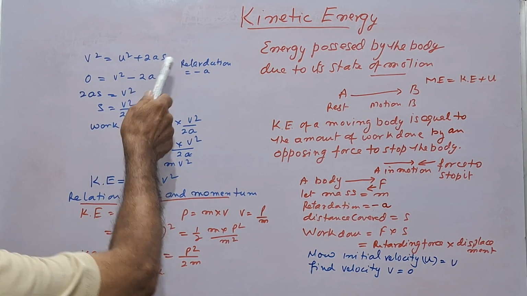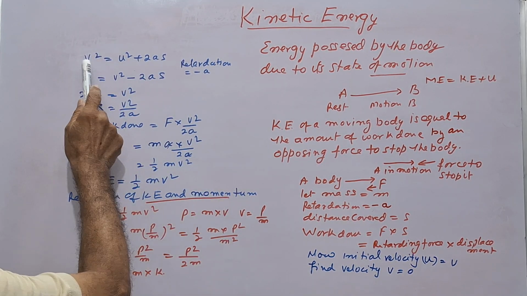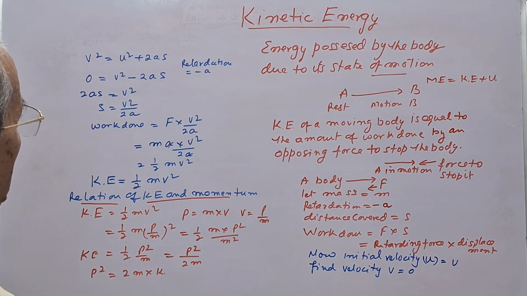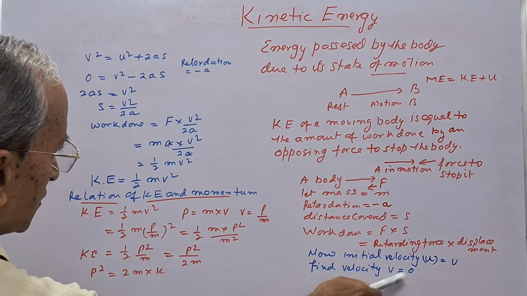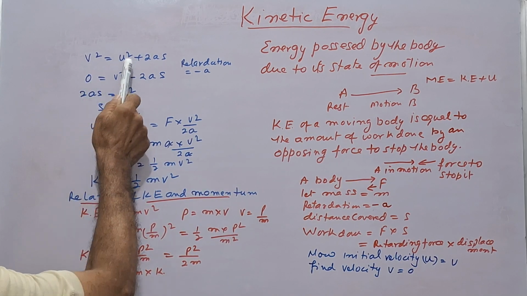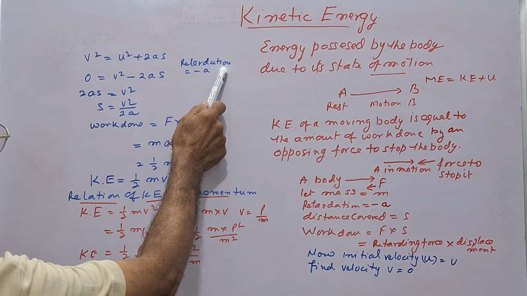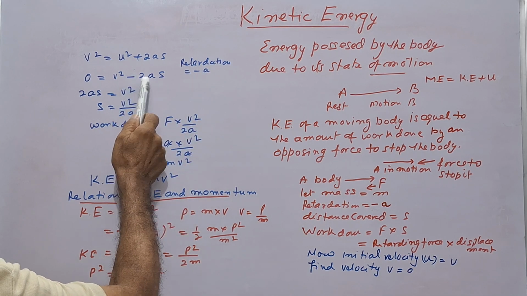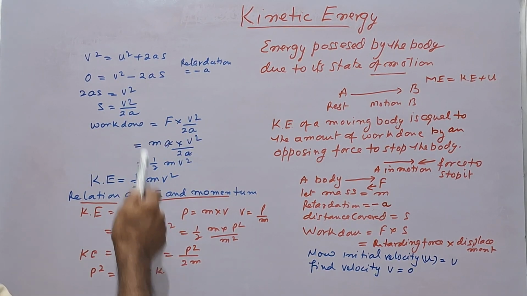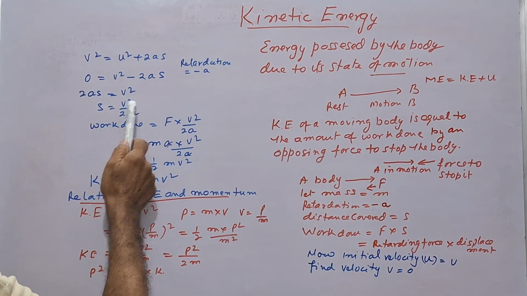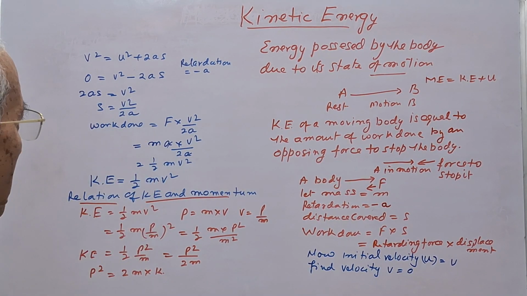Then from the third equation of motion, v square is equal to u square plus 2as, and the final velocity is 0. So 0 is equal to initial velocity v square, and since retardation is minus a, minus 2as. So 2as is equal to v square, then s is equal to v square upon 2a.